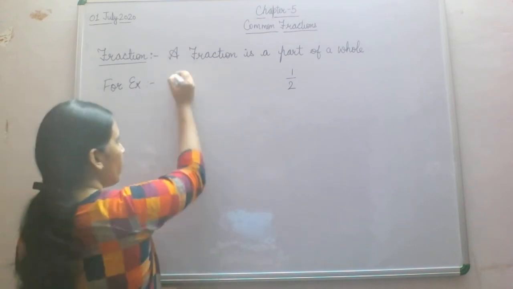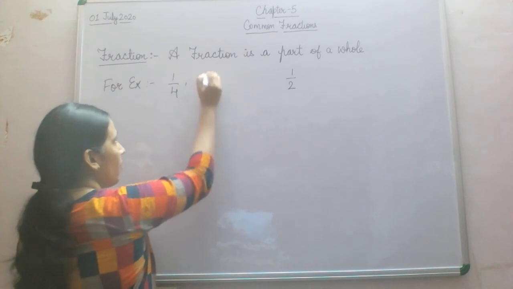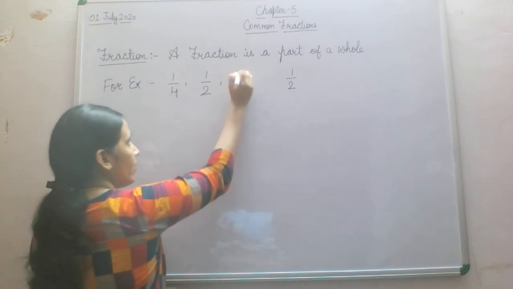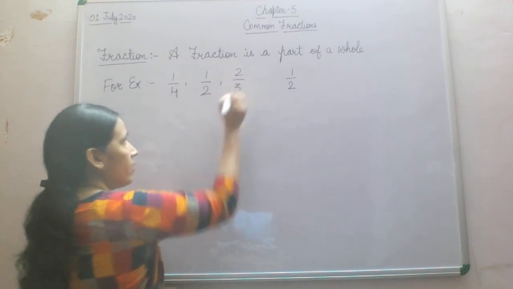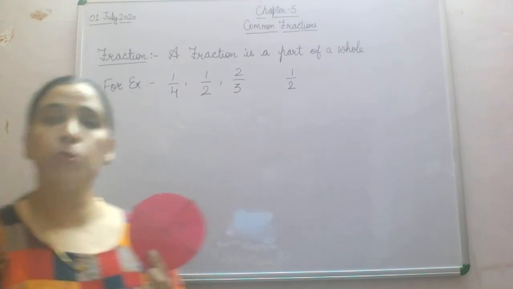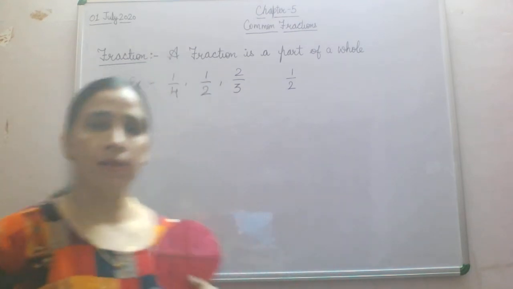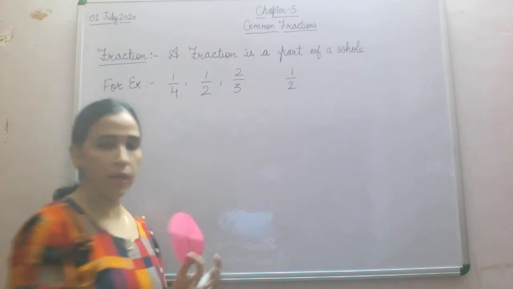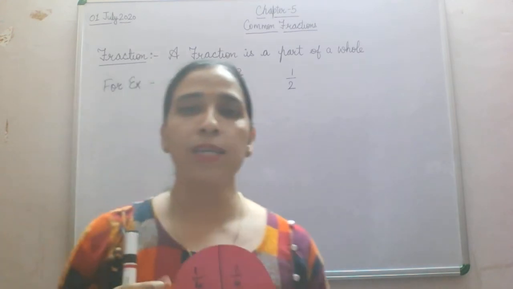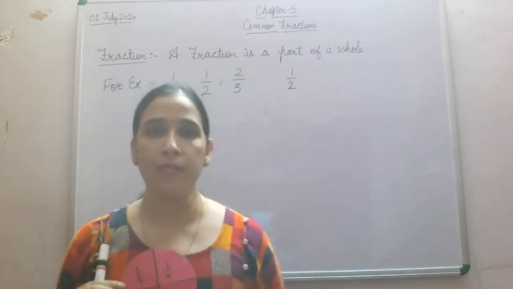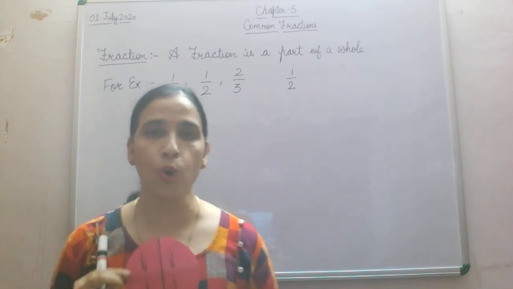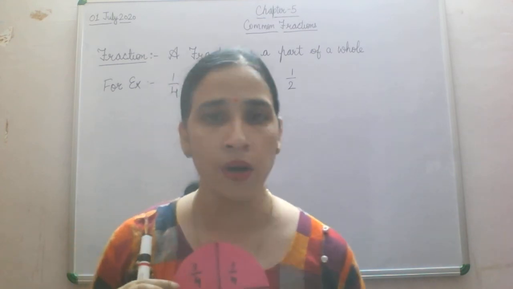Here 1 by 4, 1 by 2, then 2 by 3. If we divide a whole into 3 parts, then one of those fractions will be 2 by 3. So these all are examples of fraction.